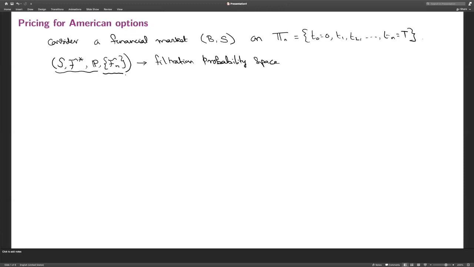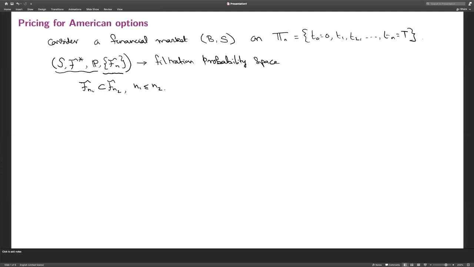Recall that this sequence of sigma fields has the following property: Fn1 is contained in Fn2 whenever n1 is less than or equal to n2. So this is what we have defined as a filtration, and we have constructed this filtration in a particular way which is suitable for our finance problems.